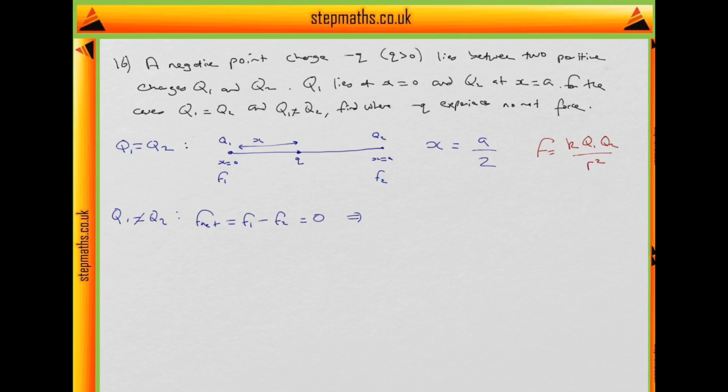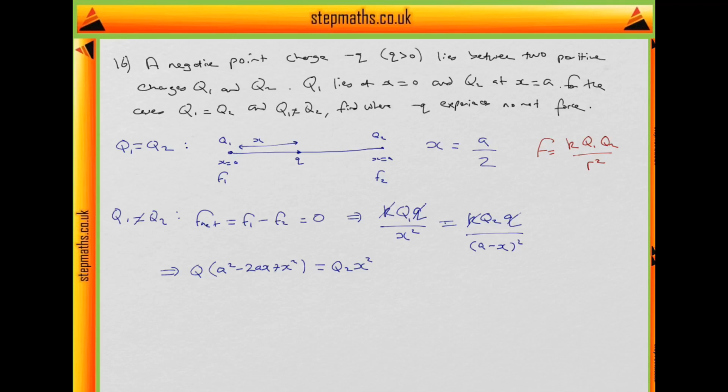So in our case, we have k times the first charge Q1 times little q over the distance between them, x squared, has to be equal to k times, this time, Q2 times little q over the distance between them, which is a minus x all squared. Cancelling off our k's and our q's, we see that Q1 times a squared minus 2ax plus x squared is equal to Q2 x squared.